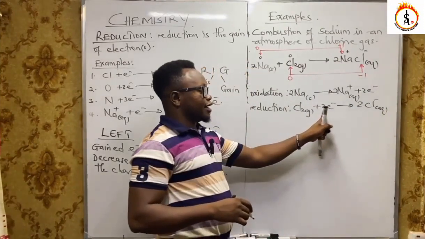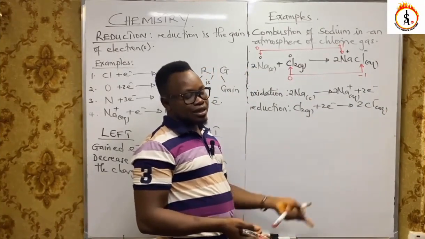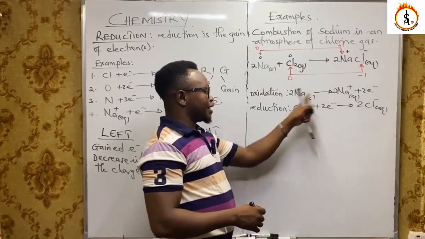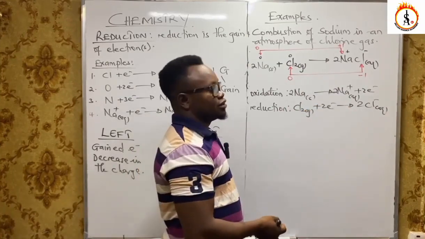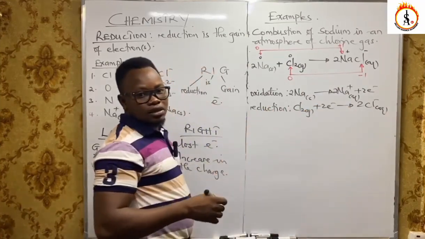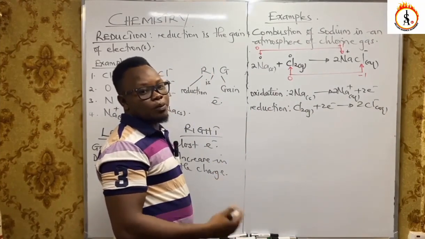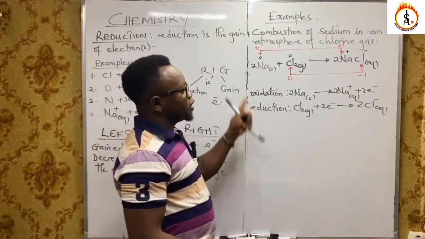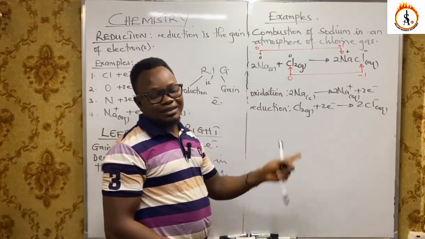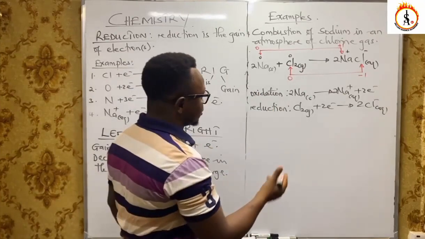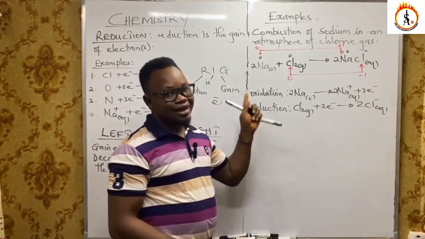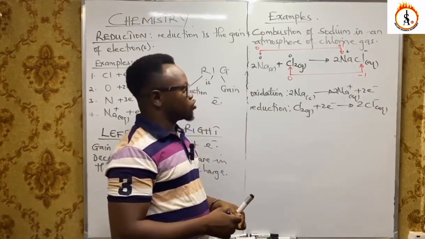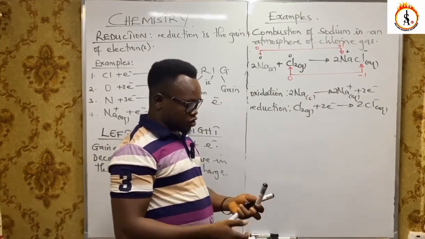So when electrons are written on the left hand side, that tells you it is gain, and then the charge also decreasing. So this is a process we refer to as a complementary process. So meaning oxidation is taking place and reduction is taking place. So for this reason, we refer to these reactions as redox reactions, because you have both oxidation and reduction taking place.